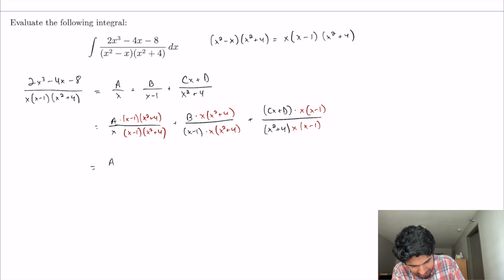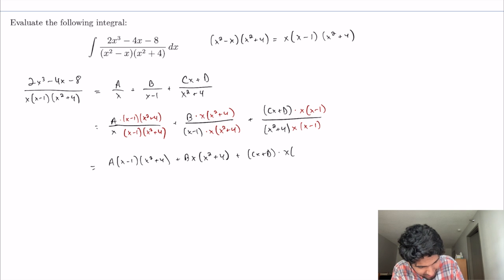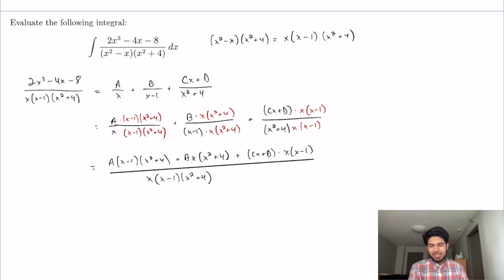So this will be a times x minus 1 times x squared plus 4 plus bx times x squared plus 4 plus cx plus d times x minus 1, all of this over x times x minus 1 times x squared plus 4. Okay, so that's our decomposition back into a composition.